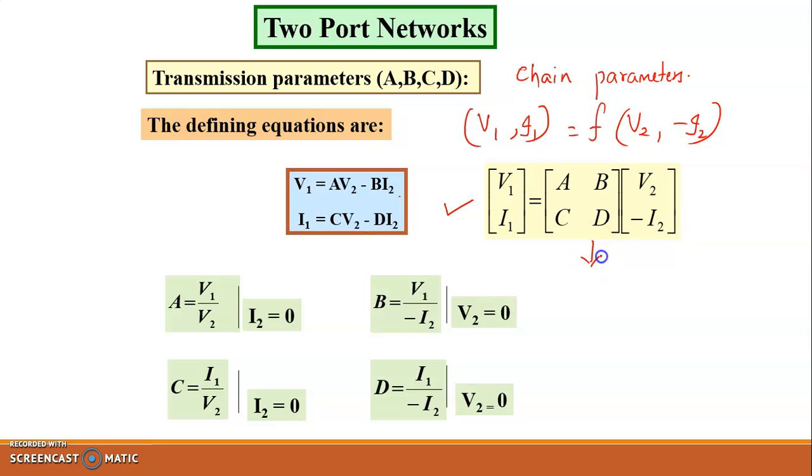This matrix ABCD is known as the transmission matrix of the transmission parameter or ABCD parameter.